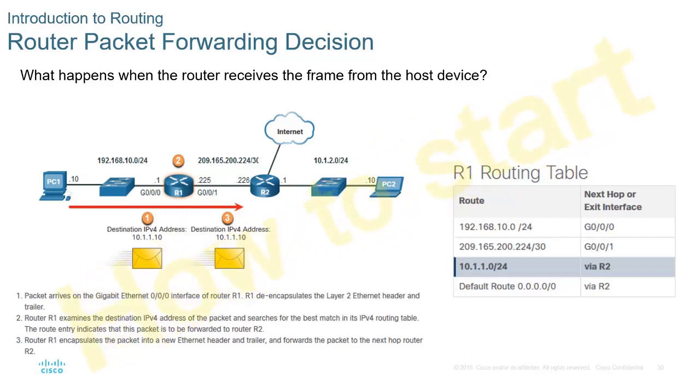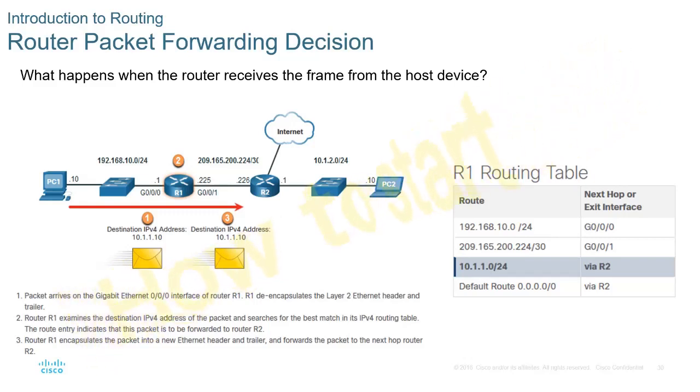Our default gateway, router 1, will look at the data frame, strip it away, look at the packet, and it will look at the destination IPv4 address. And it will figure out where it's supposed to go. If it is unsure, it will send it to its default gateway.